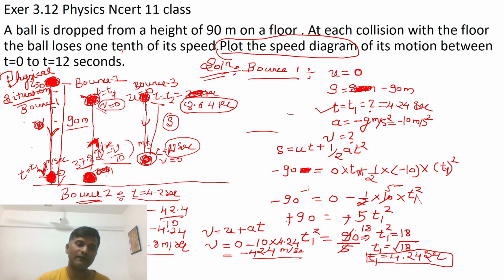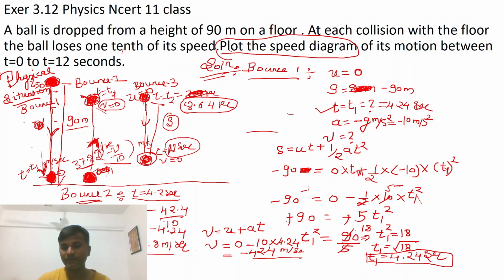That velocity v I have to find out. So I am taking only this path and applying the kinematic equation, x equal to ut plus half at square. By this equation, I'll get the time duration from where the ball has started to the first time that the ball touched the floor. What is the time duration?